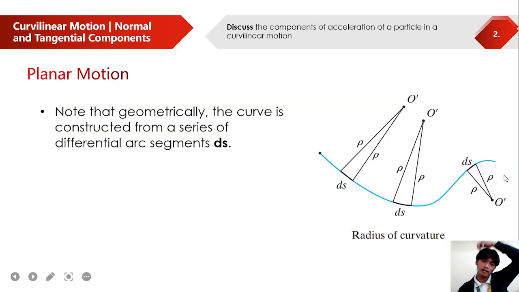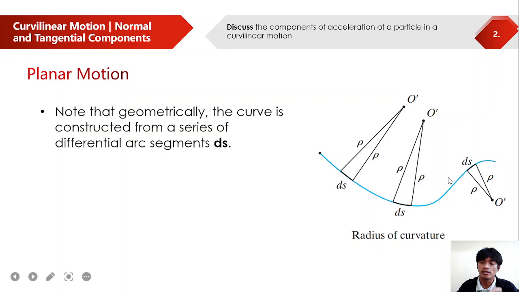The thought here is that each segment of our curve is constructed from smaller parts called ds, or small differential arc segments.